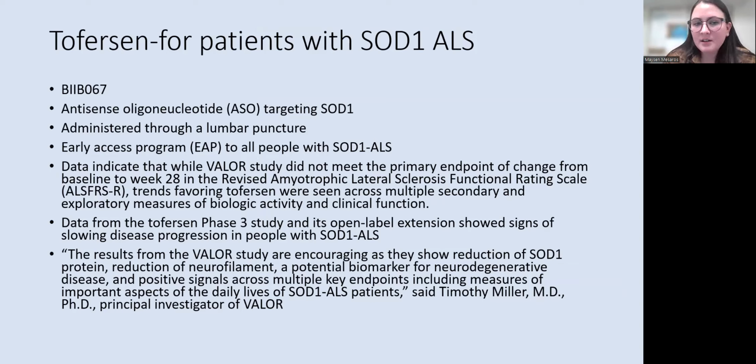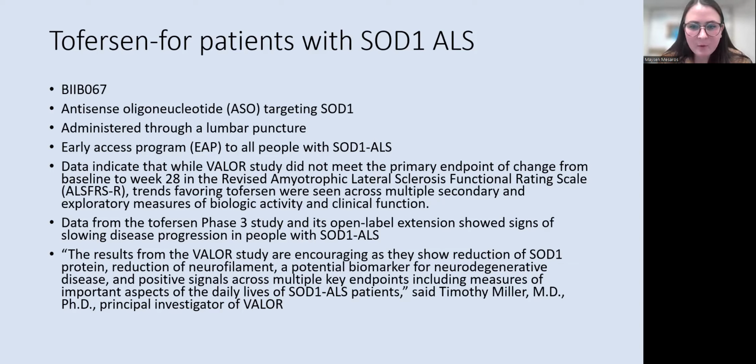It's administered to patients through a lumbar puncture. And there is currently an early access program in place to help patients with SOD1 get access to this. This did go through clinical trial through a study called the VALOR study. While the overall outcome is that it did not meet the endpoints that they were looking for.